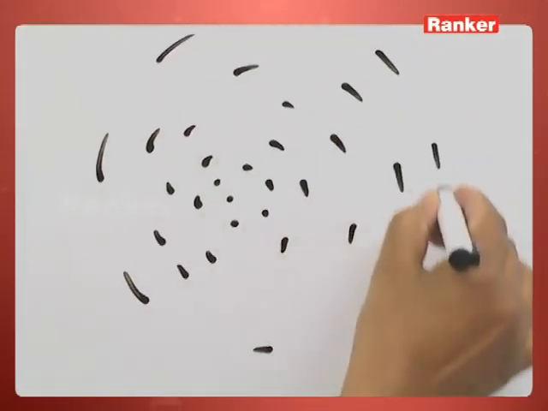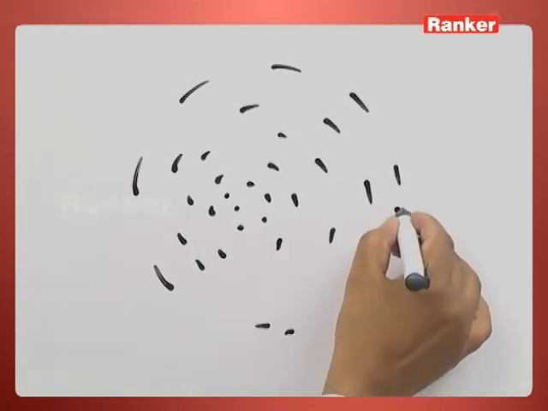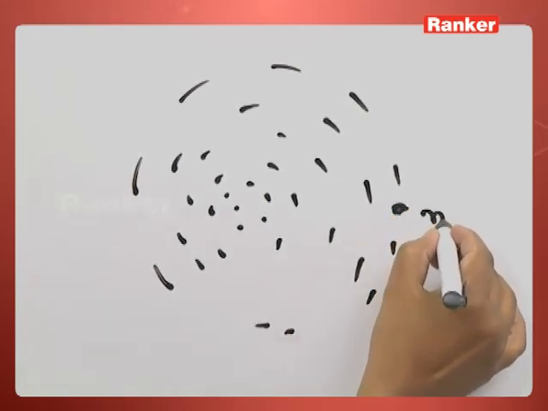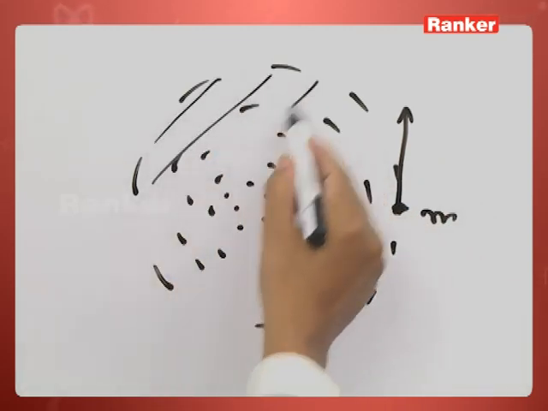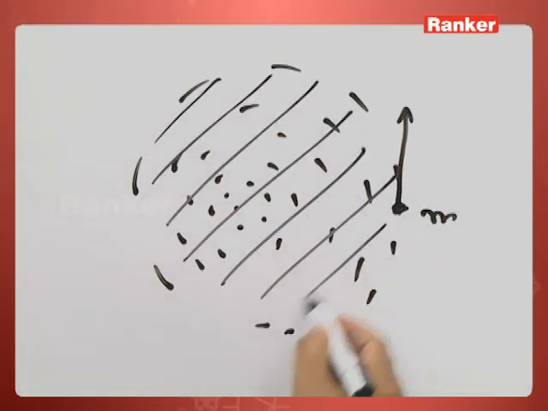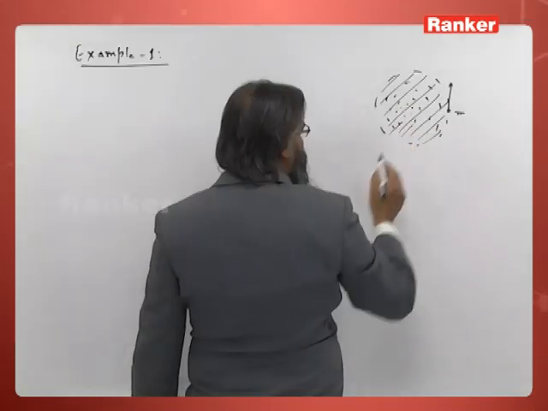Let us consider this particle m. It has a velocity v, and it is attracted by the gravitational field of all the inside mass.